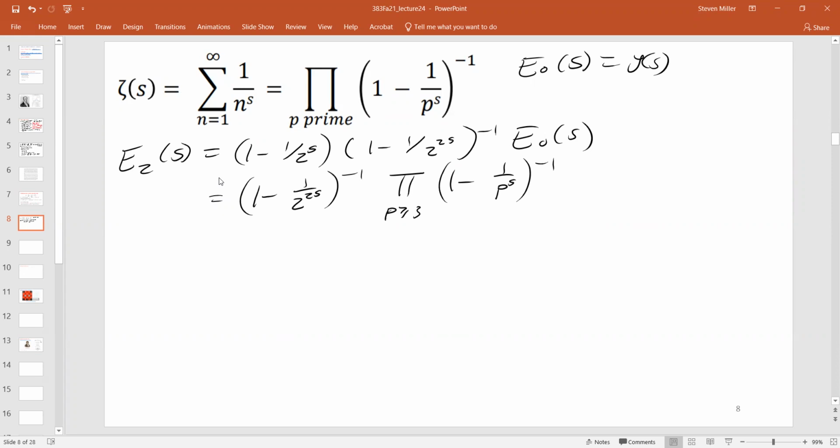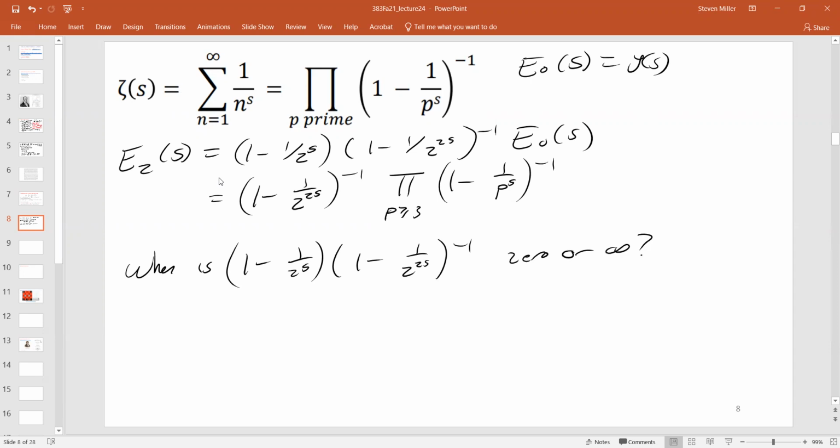Have I introduced any zeros or poles when I multiply by 1 minus 1 over 2 to the s and 1 minus 1 over 2 to the 2s inverse? So when is 1 minus 1 over 2 to the s times 1 minus 1 over 2 to the 2s inverse 0 or infinity?